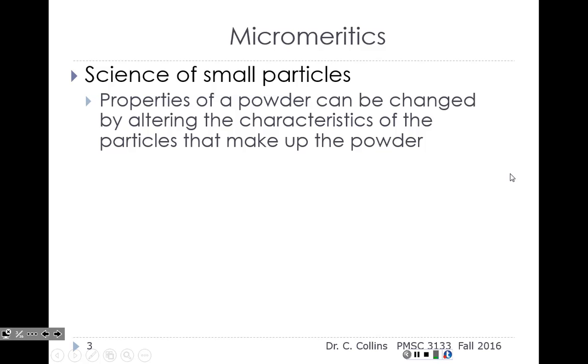And if they're very, very different, then how they combine may not be what we desire. So in some instances, the micromeretic properties of different powders that we put together may need to be more similar than more different.